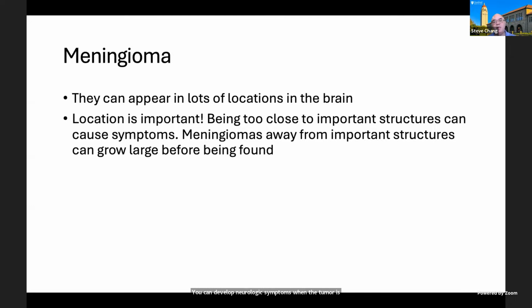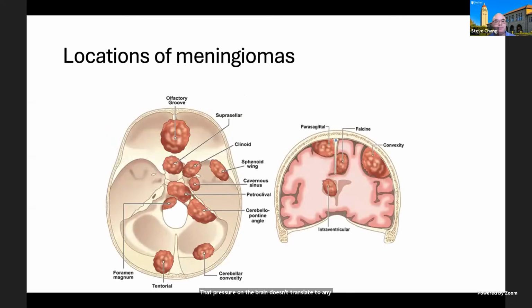If the meningioma is located in a non-critical area of the brain, such as the frontal lobe, the tumor can get quite large before causing symptoms, because while it is pushing on the brain in that location, if that location has no function, that pressure doesn't translate to any specific neurologic deficit.